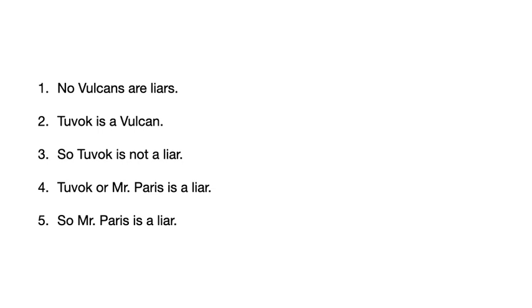But now you can see that every step here is valid. 3 follows from 1 and 2. We can draw a Venn diagram to prove it. And 5 follows from 3 and 4. We can cite this rule, argument by elimination, that works with disjunctive syllogisms.